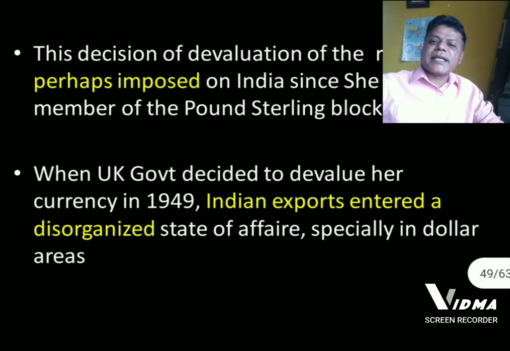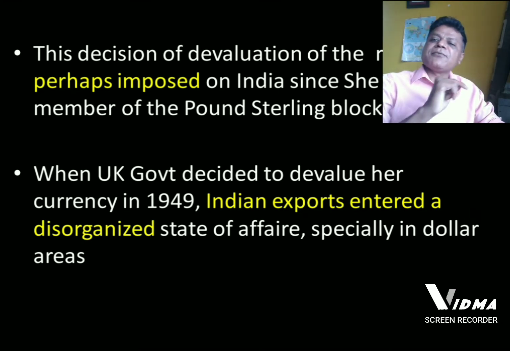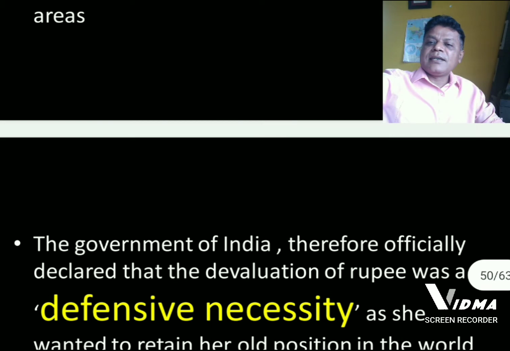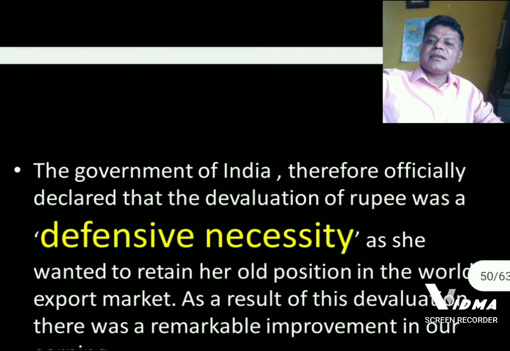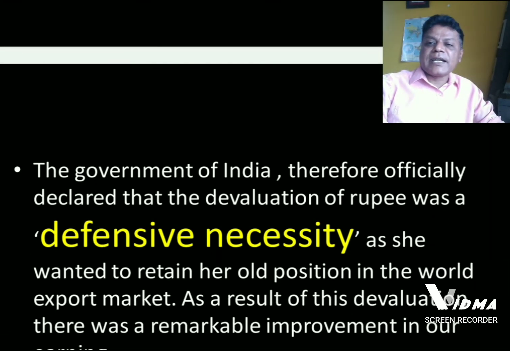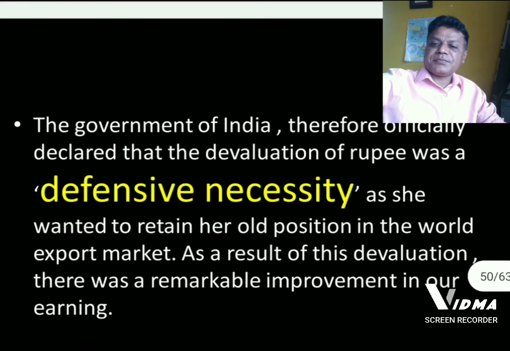When the UK government decided to devalue her currency in 1949, Indian exports entered a disorganized state of affairs, especially in dollar used areas. The government of India therefore officially declared that the devaluation of rupee was a defensive necessity, as she wanted to retain her old position in the world export market.